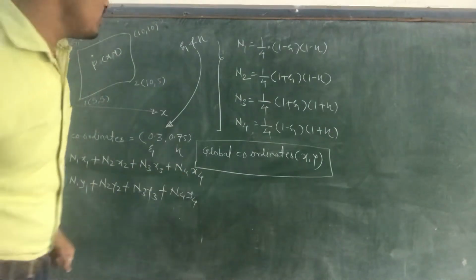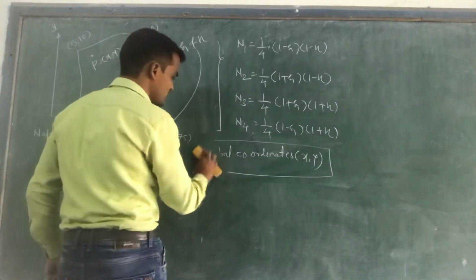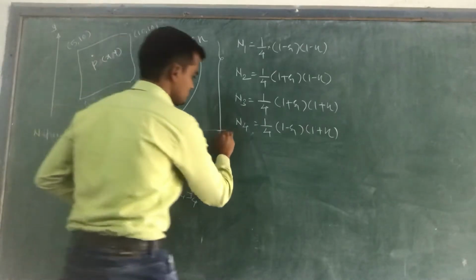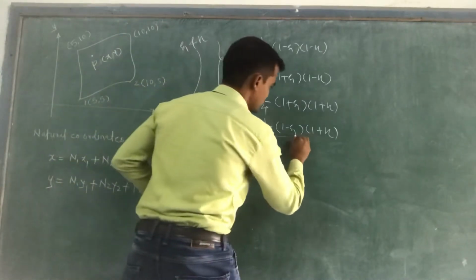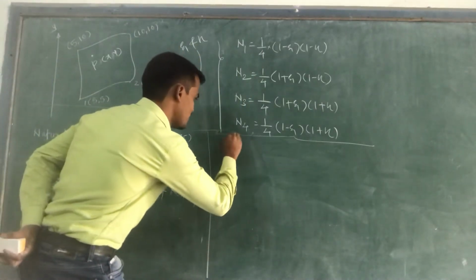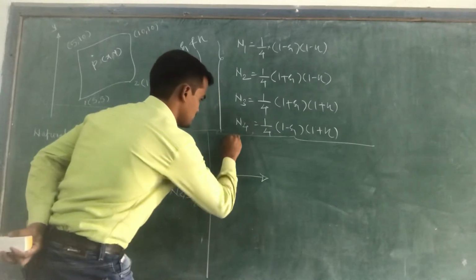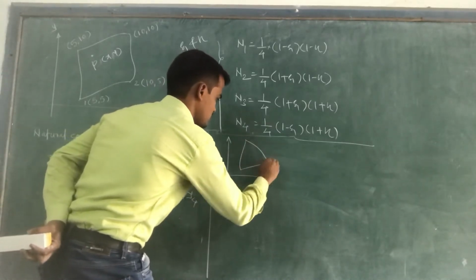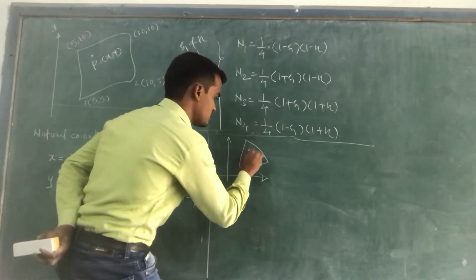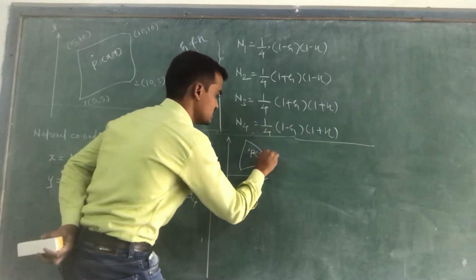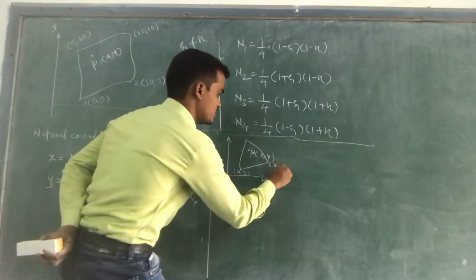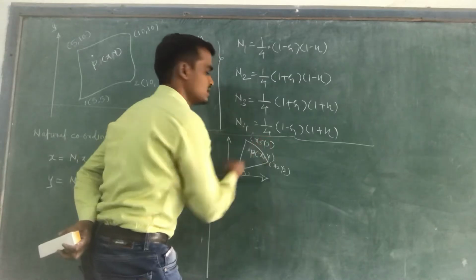Okay, so if the problem is of a triangular system and you are asked to find the global coordinates for point P, for example, find out the global or Cartesian coordinates of point P, that is x and y, and the values of x1, y1, x2, y2 and x3, y3 are given.